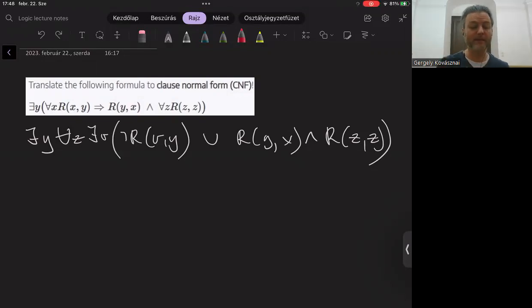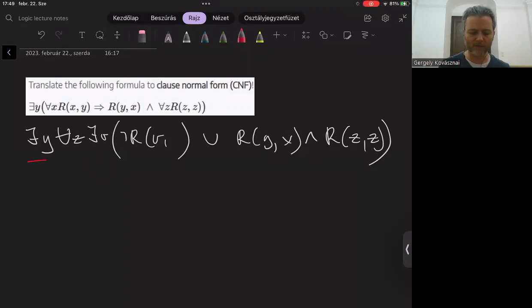That is, we have to eliminate both existential quantifiers, and I hope you remember this process is called Skolemization. Let's start with the first quantifier. Since this quantifier is located at the very beginning of the formula, we can introduce a Skolem constant and substitute it into the bound variable y.